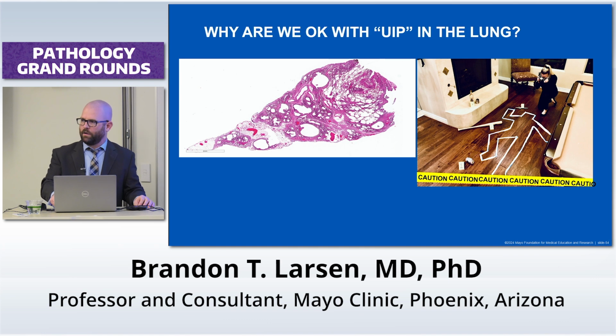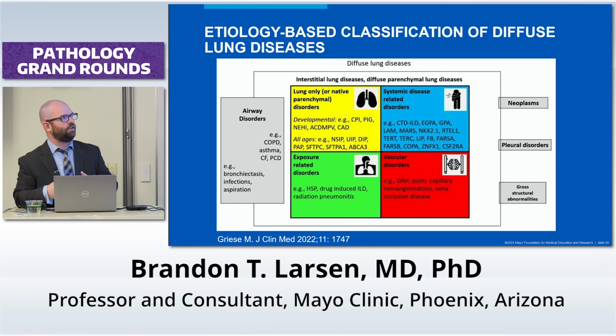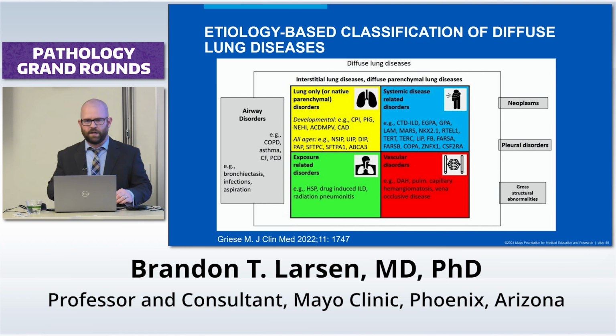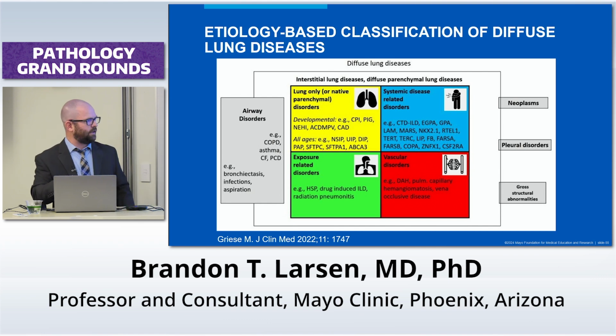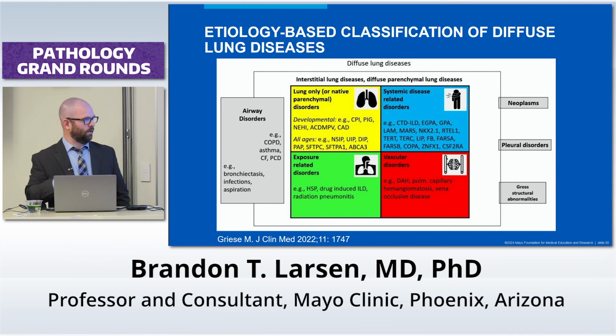And there are at least some people in the field who have proposed a more etiology-based classification of diffuse lung diseases. Lung diseases like those that are systemic inflammatory disorders, or vasculopathies, or exposure-related disorders like hypersensitivity pneumonitis, or radiation, or drug-induced lung disease, or those diseases that are intrinsic to the lung parenchyma, et cetera, surfactant deficiency disorders.